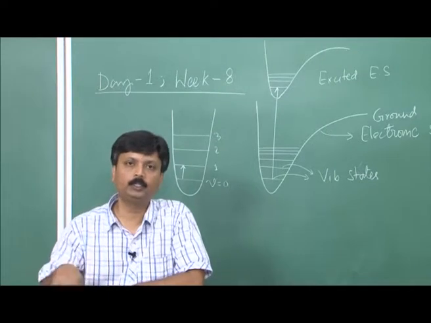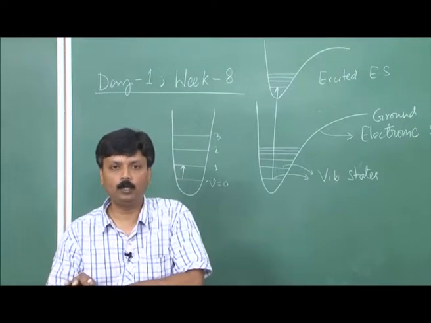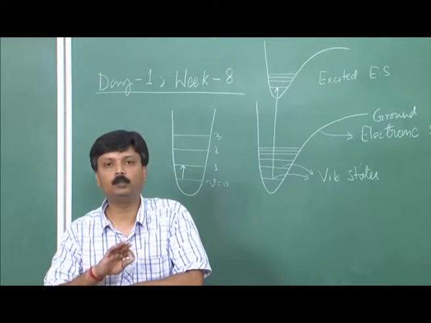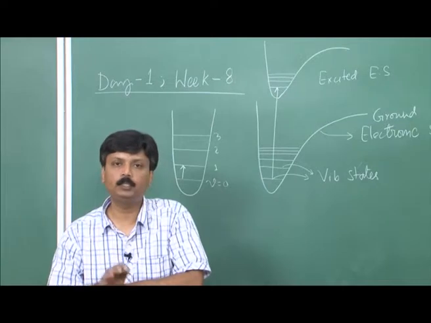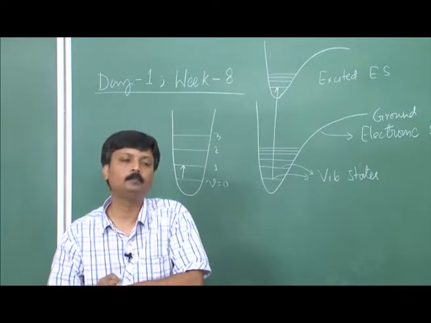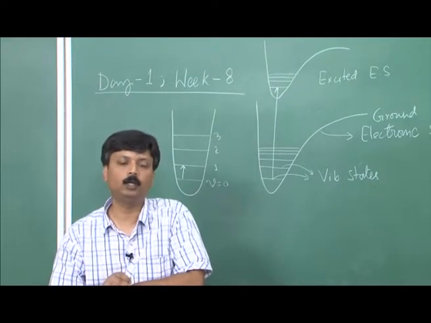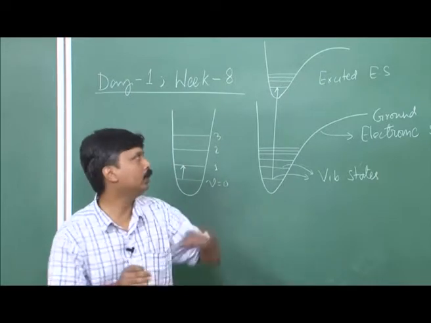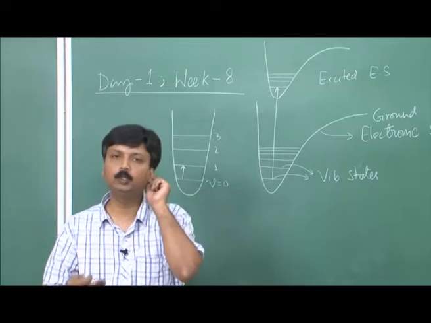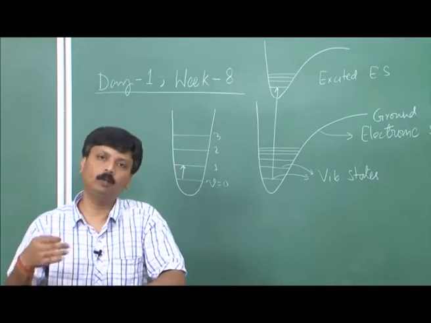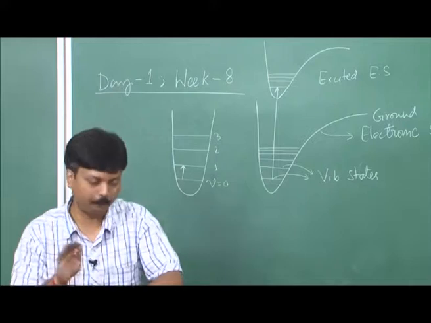Now, in our discussion, we will not worry about rotational levels or rotational transitions. Vibrational transitions we have looked at already, and their selection rules also, but in the context of electronic transitions, where the vibrational transition is also involved, we will look at the vibrations in a bit different way.